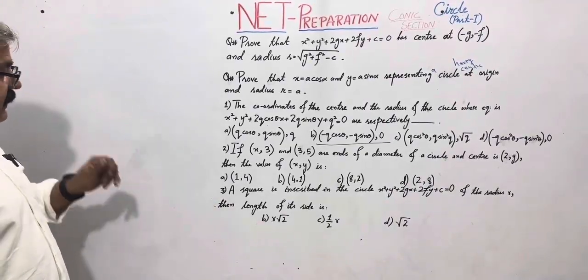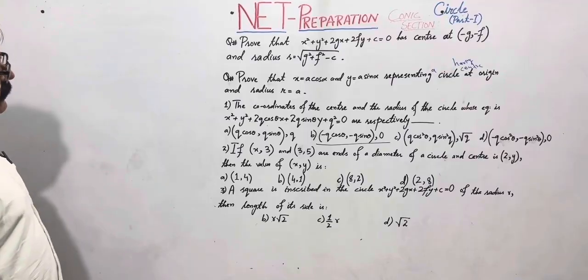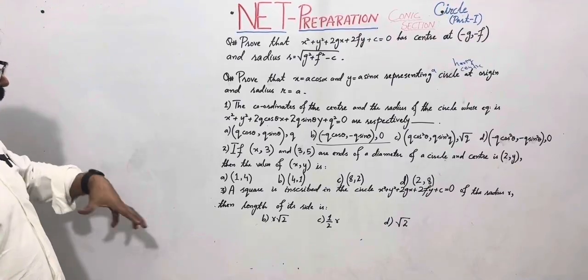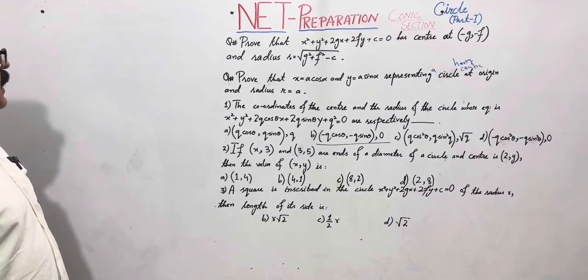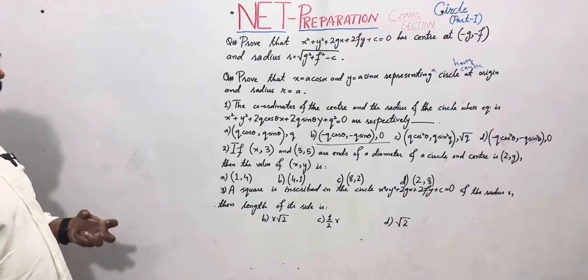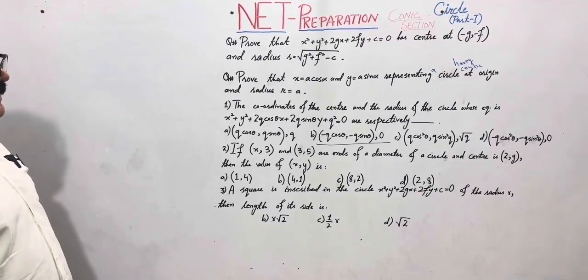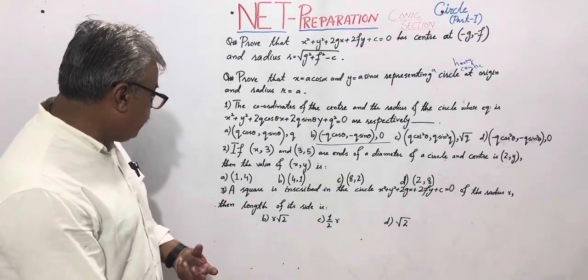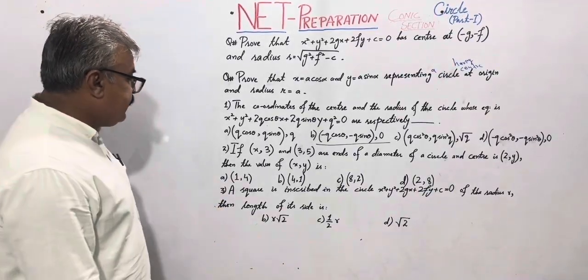If (x, 3) and (3, 5) are the end points of a diameter of a circle and the center is at (2, 1), then find the values of x and y.